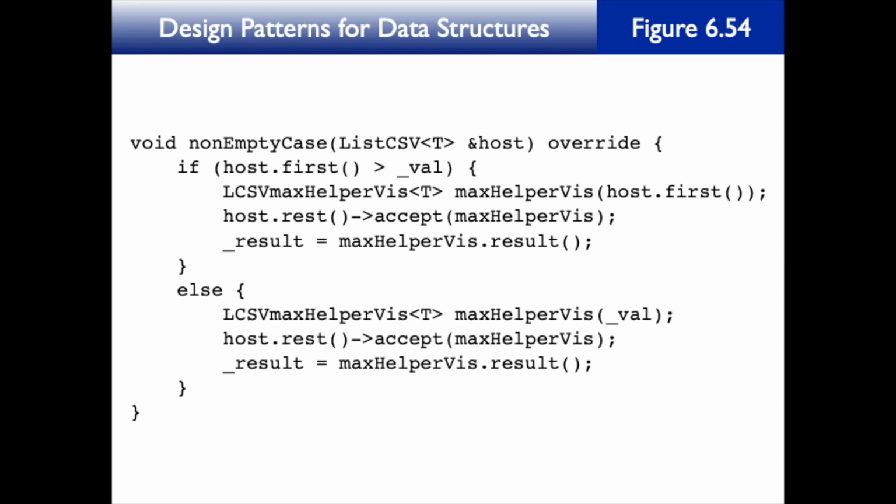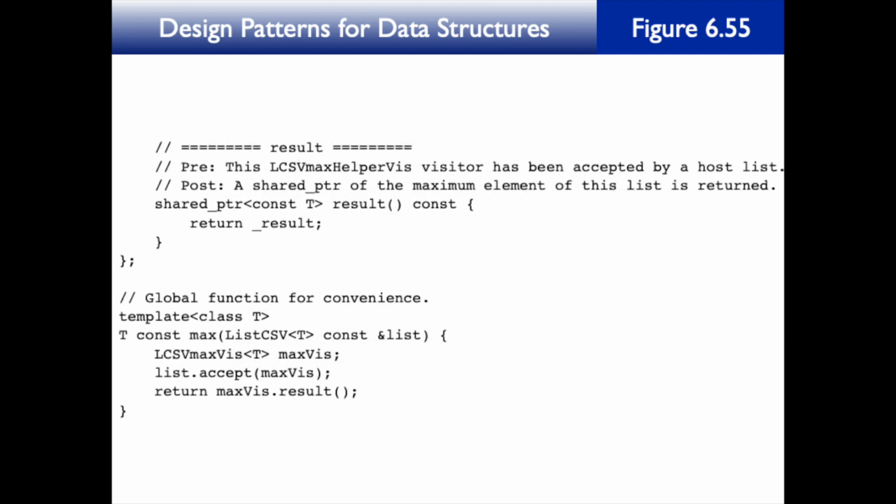So these patterns all follow the translation recipe that we laid out before. And then in figure 6.55, we have our usual result function that returns underscore result and the global function for convenience so that the user can be shielded from all of this visitor stuff.